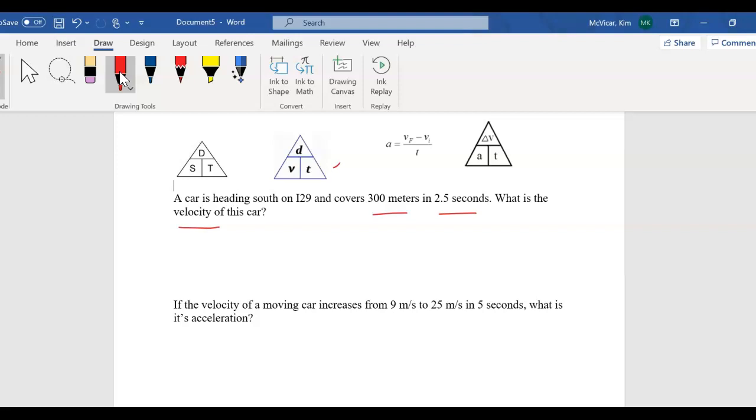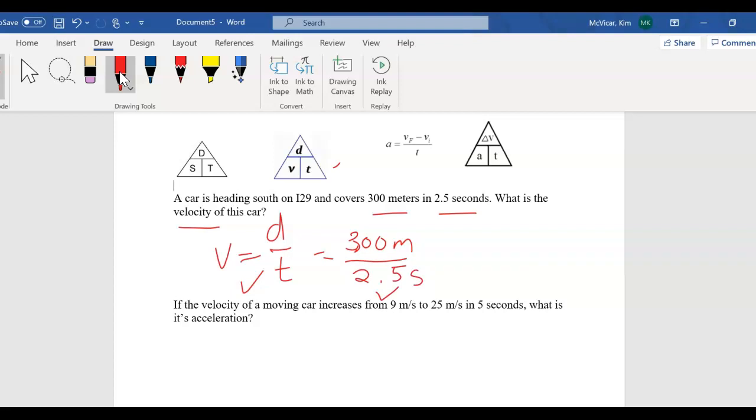So V equals D divided by T. That's my first step. Okay, that's 1 point. Then I'm going to substitute 300 meters divided by 2.5 seconds.